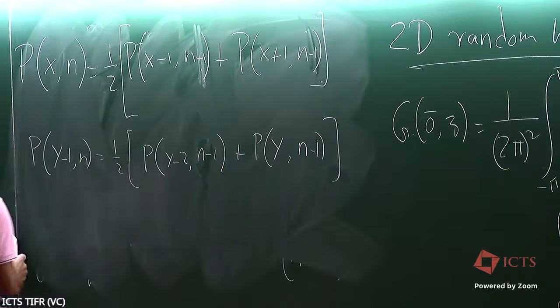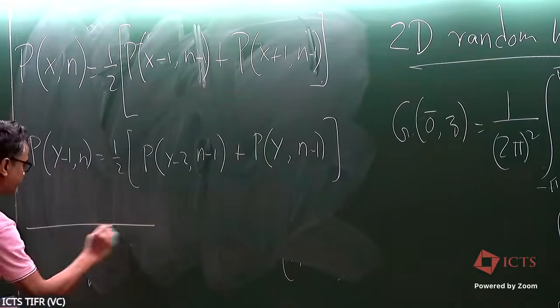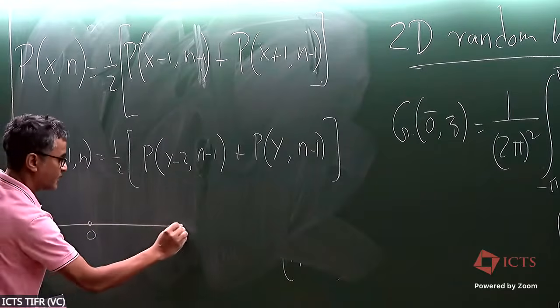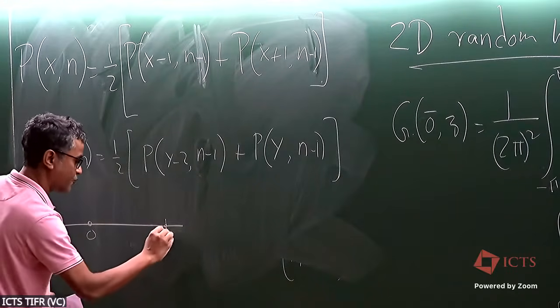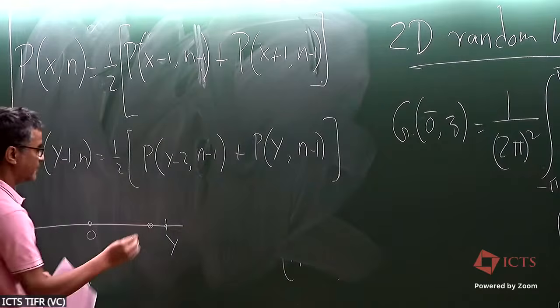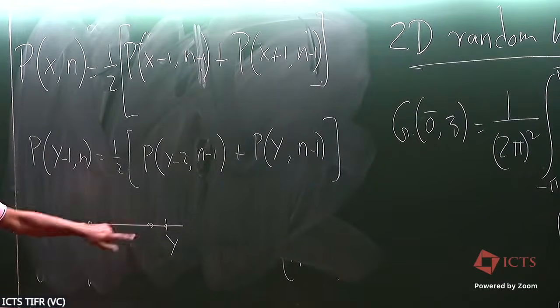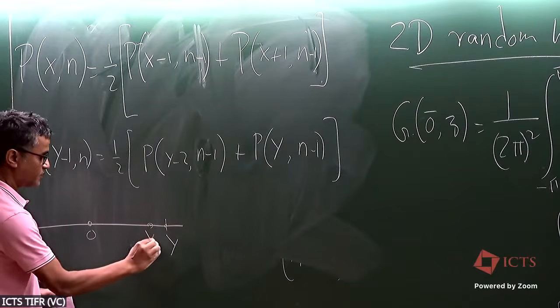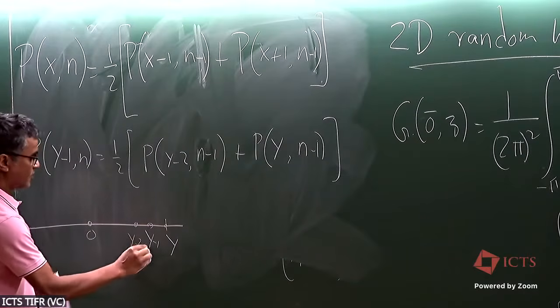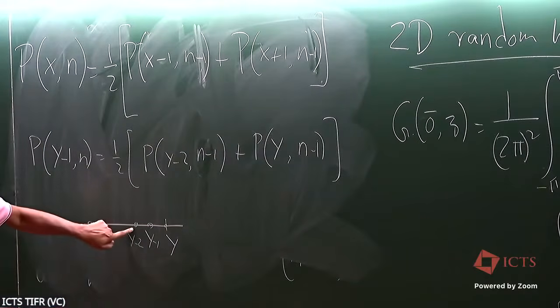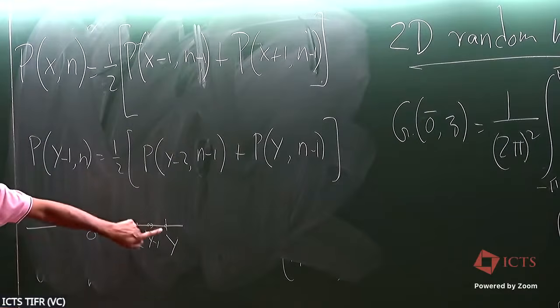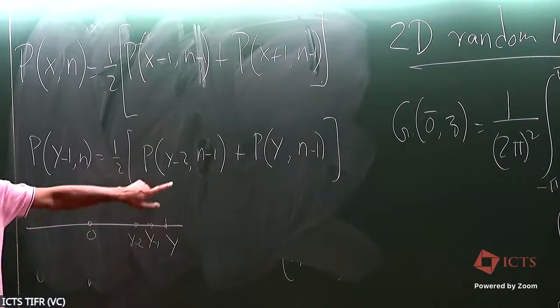So now, what is the probability? This is the origin, and this is the site y. If we are here, the probability I'm at this site at time n, where this is y minus 1 and this is y minus 2, is that I can either come from here with probability half, or I could come from here with probability half, right?